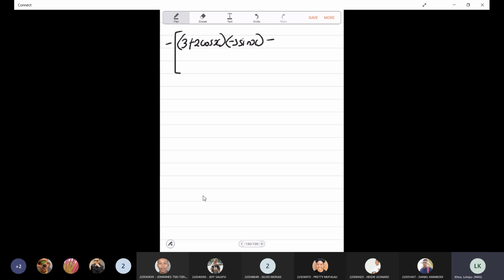And then minus the derivative of the denominator, which is negative 2 sine x. And then you multiply by the numerator as it is. The numerator is 2 plus 3 cos x. And then divide by the denominator squared, which is (3 + 2 cos x), all things squared. So that is our numerator.